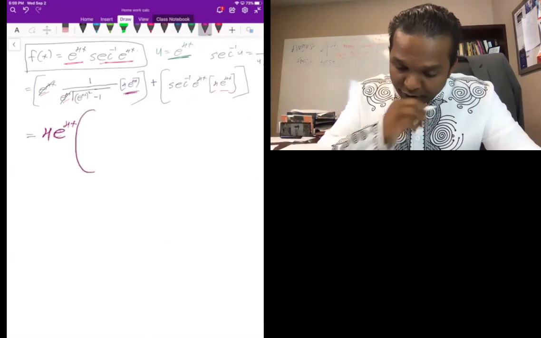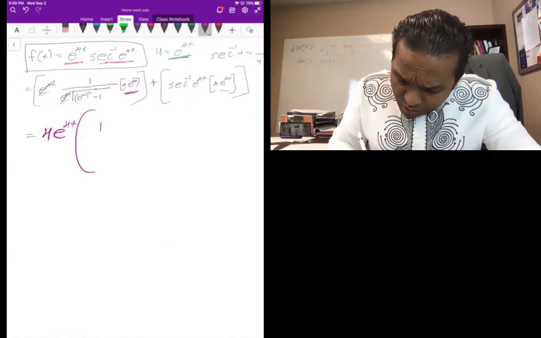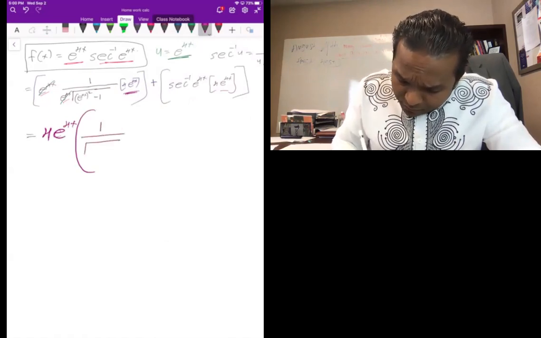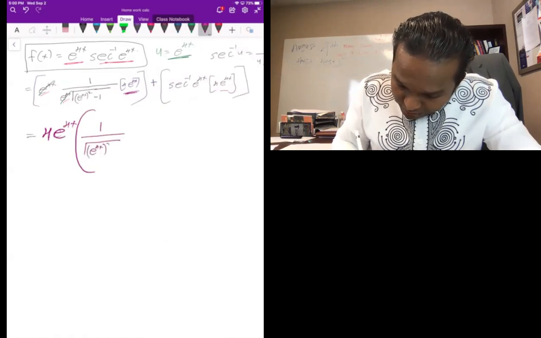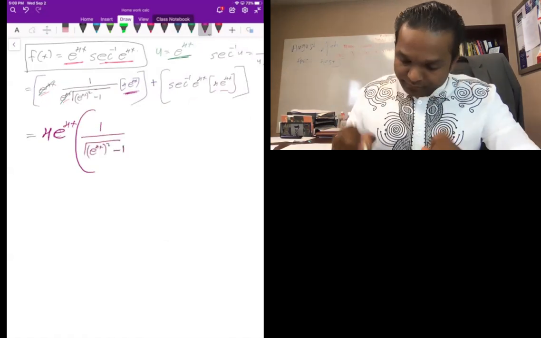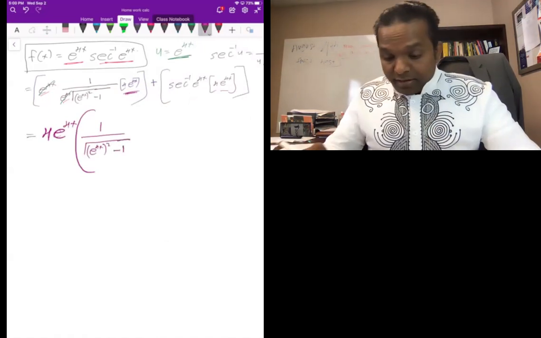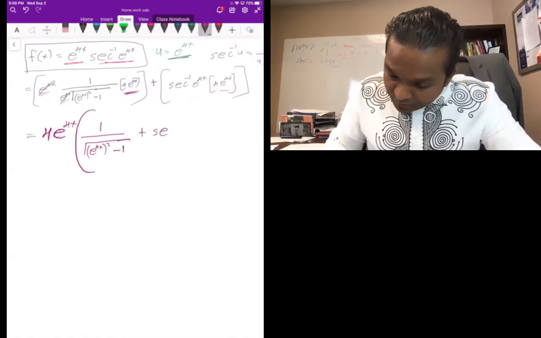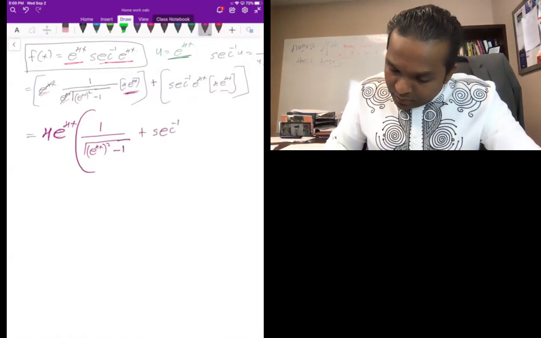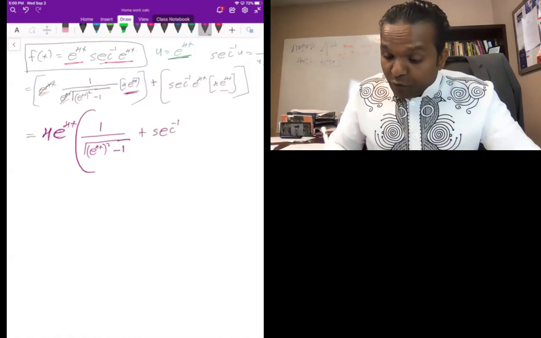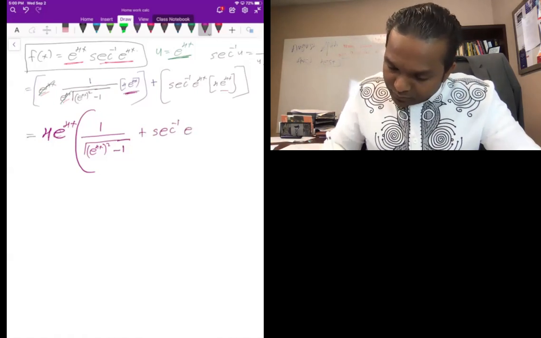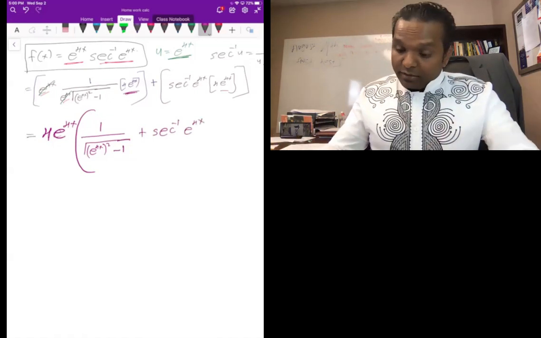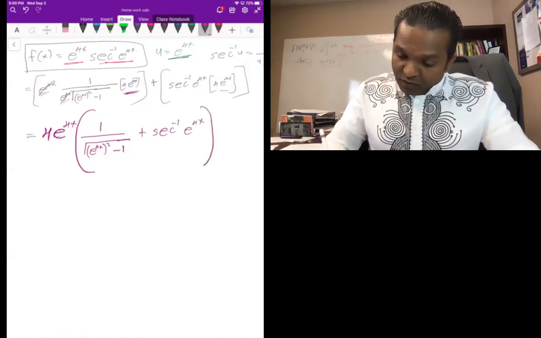What we're left with inside is 1 over e to the 4x squared minus 1, right? Plus inverse secant e to the 4x. Actually, that's it. Here we go.